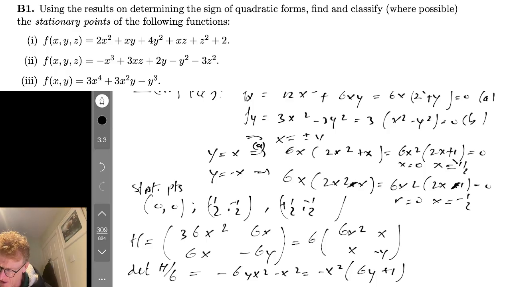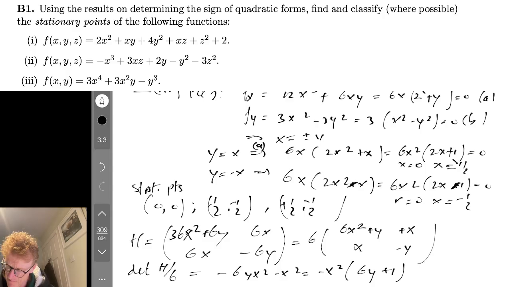Oh no, hey, it's sluggish today. This is incorrect. 36x squared plus 6y. That's 6. So it's 6x squared plus y plus x minus y.